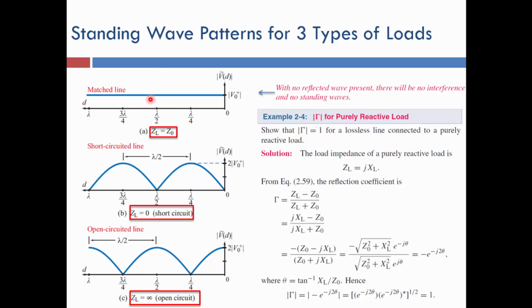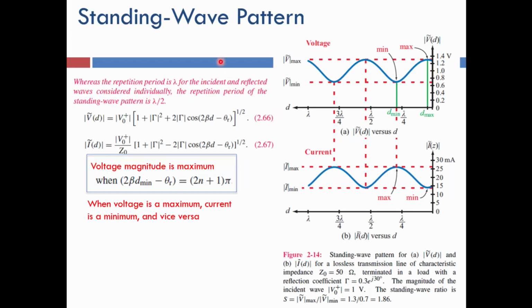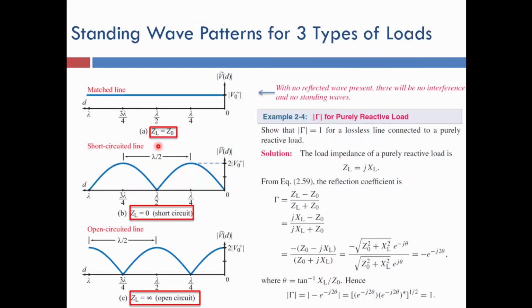So the standing wave ratio is between 1 and infinity, because it is 1 in the matching case, that means Z naught is equal to Z load, since V maximum is equal to V minimum. The maximum value of the standing wave ratio could be infinity if the minimum voltage is equal to 0 and the maximum voltage is a certain number. Okay. This is an example.